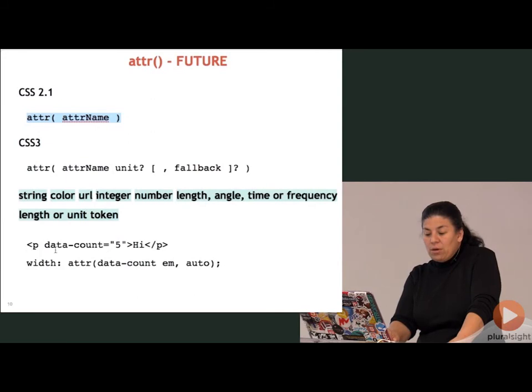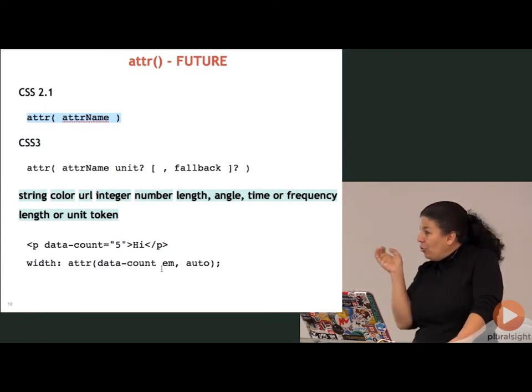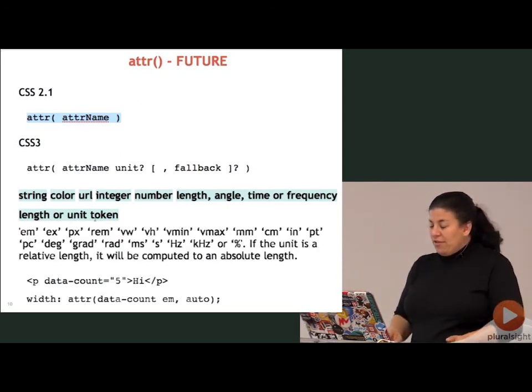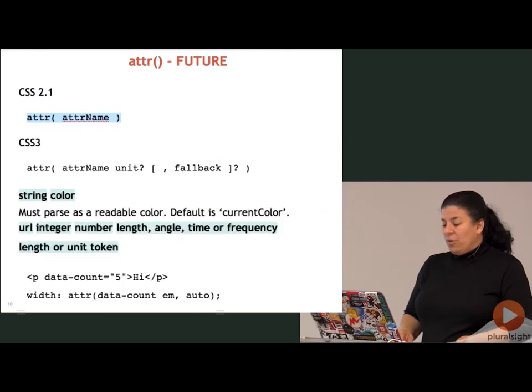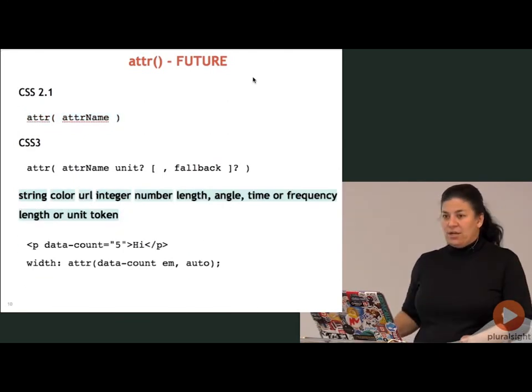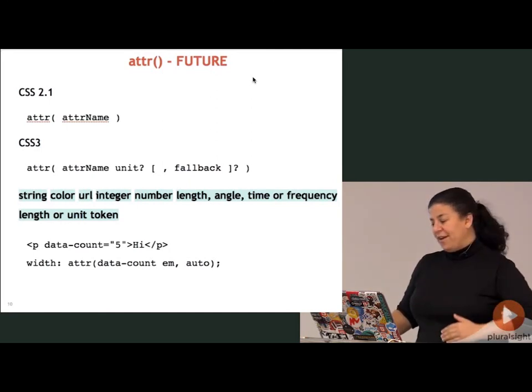So in that example that I gave, the width would be the attribute of data count. You can use the attribute in the future outside of generated content. This is not well supported yet. And these are the different things you can use and a little explanation. I'm not going to go in depth with that because it has nothing to do with generated content, but I didn't want to leave that aside.